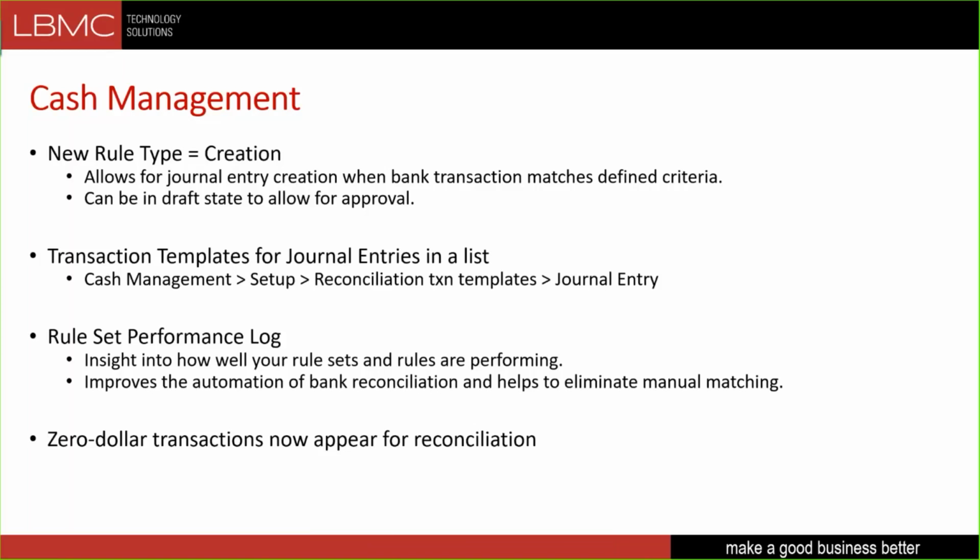If you've been using the rules and the rule sets and you're still having to manually match a lot of your transactions, then your rules aren't working well, and your rule set performance log is going to show you that fact and help you improve them, which will ultimately increase your efficiency in the bank reconciliation process. And now your $0 transactions will appear in the reconciliation so that you can check those off as reconciled.